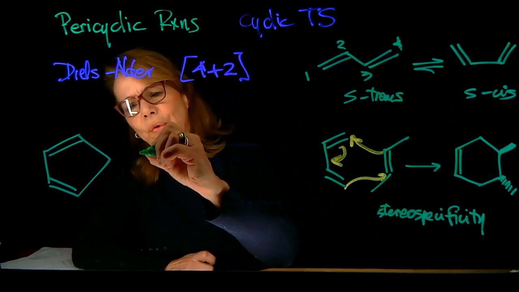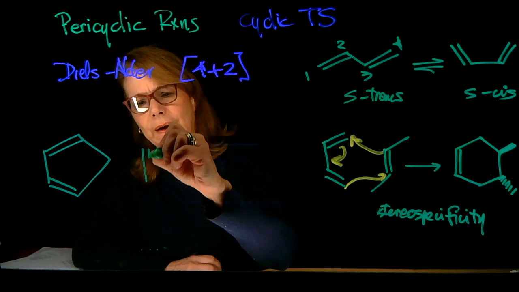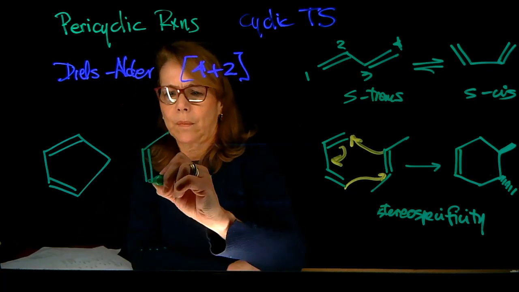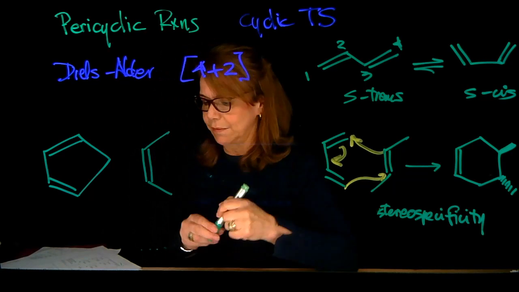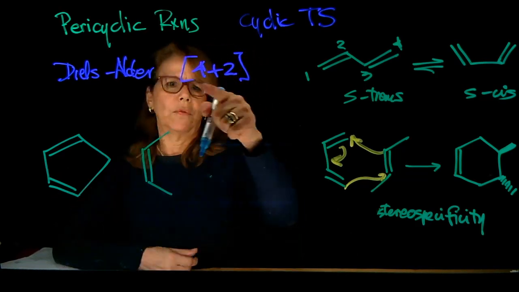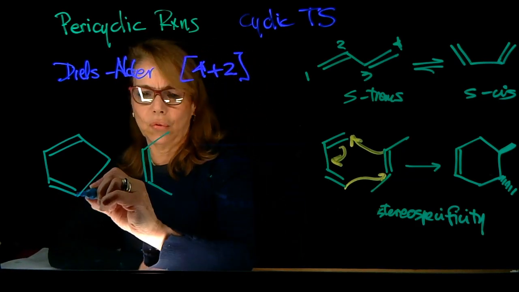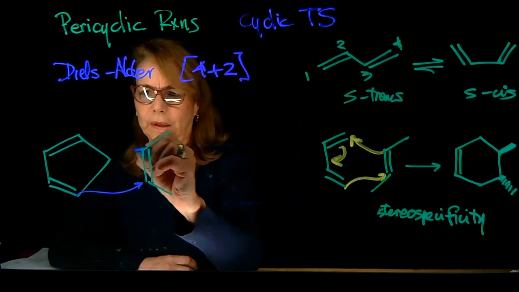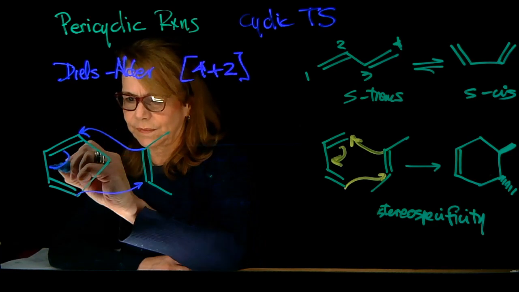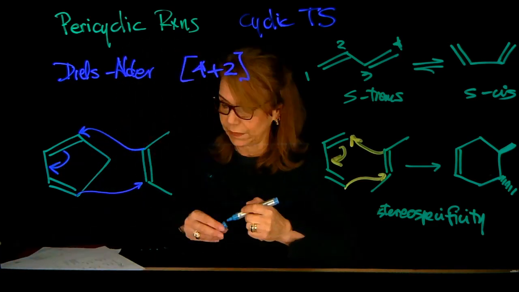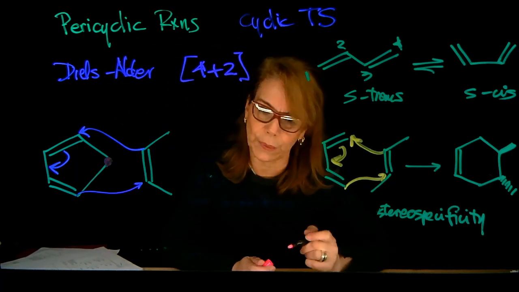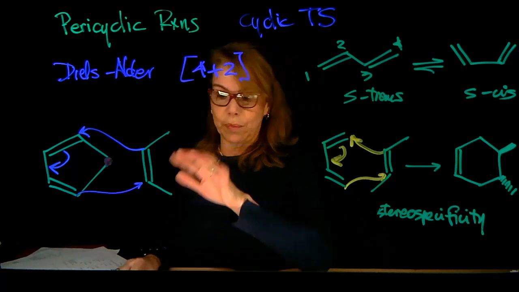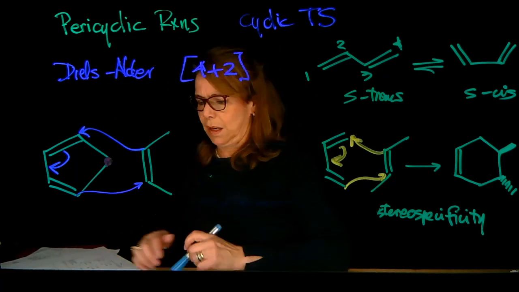If I have this diene, the reaction still involves 4 plus 2, moving again in a cyclic fashion. But what I want you to see is that this carbon right here is not participating. We're going to draw the product in a couple of ways.